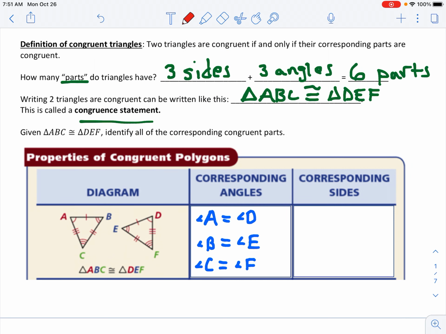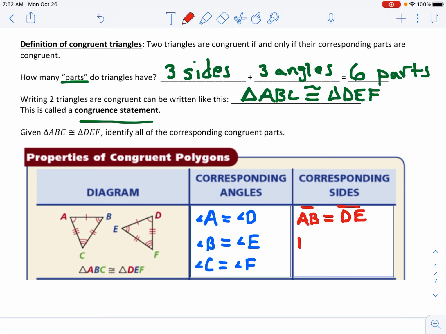Now when we mark sides, we look for sides and try to match them up perfectly. I notice that AB has 1 tick mark. A had a curl, B had 2 curls, so when I write my other triangle, I need to start at 1 curl and go to a double curl angle, so I must write it as DE. Now let's locate a side that has 2 tick marks.